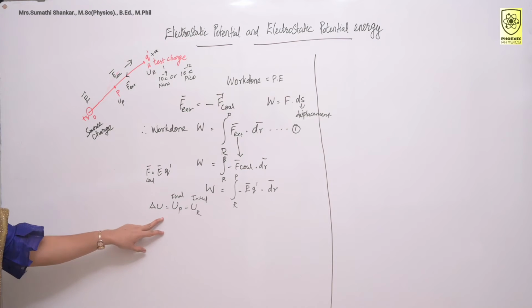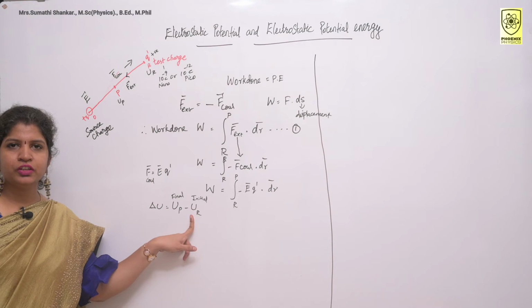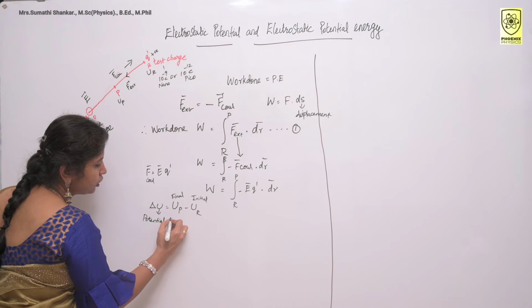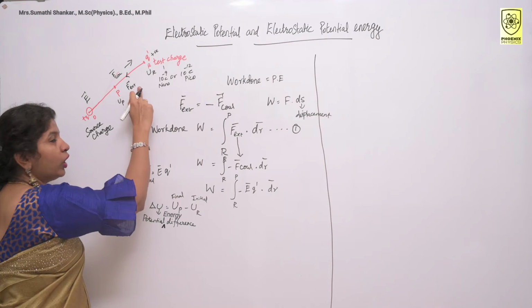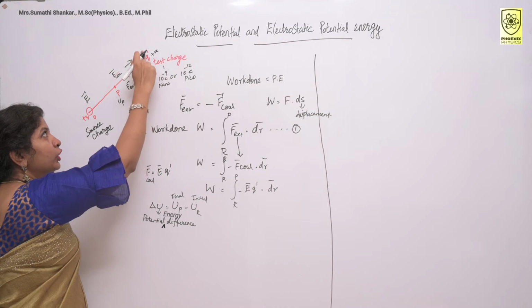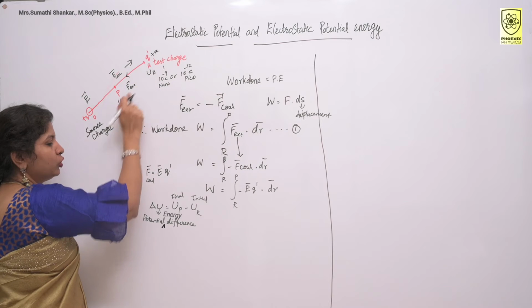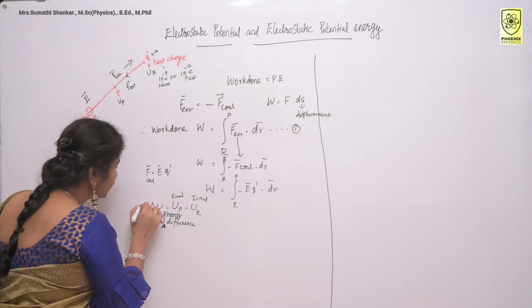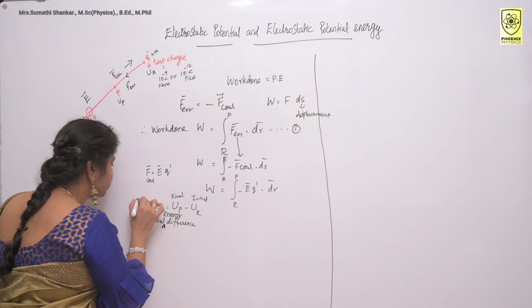So how do you define this potential energy difference? Delta U is defined as the work done to bring Q dash from R to P. The work done is stored as potential energy. So delta U is nothing but W.